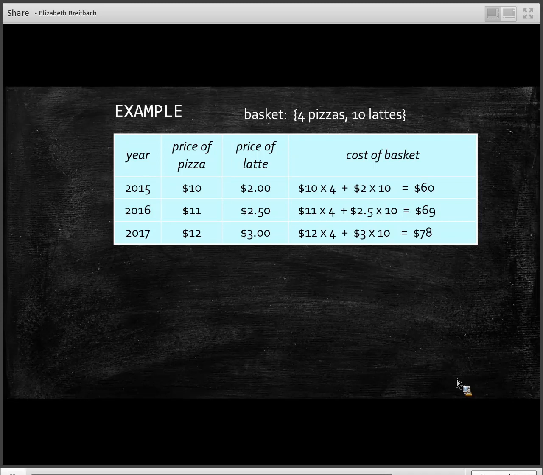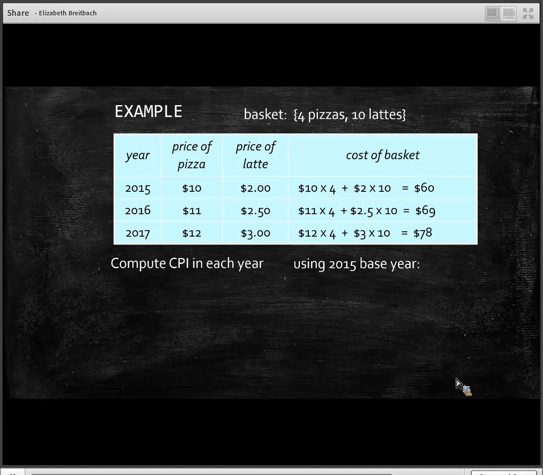All right, so now that we have the cost of the basket, we can compute the CPI in each year. And again, whenever I tell you to compute CPI, we'll have to give you a base year. So we're going to use 60 as the base year. And then remember, we're comparing the CPI this year to the CPI in the base year. So in 2015, when I compute the CPI, I have 60, which is the cost of the basket in the current year, divided by the cost of the basket in the base year.